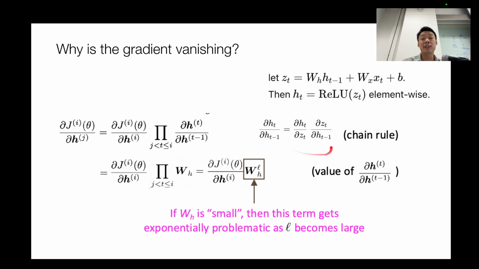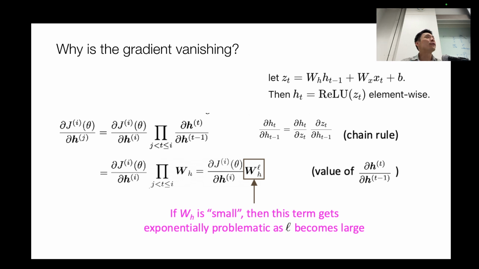So this is very easy to compute. This term becomes just W_H. And the pi symbol is a product, a product through time. So you end up multiplying the weight with itself that many times, so it becomes the weight to the power of L, where L is the length of your sequence.